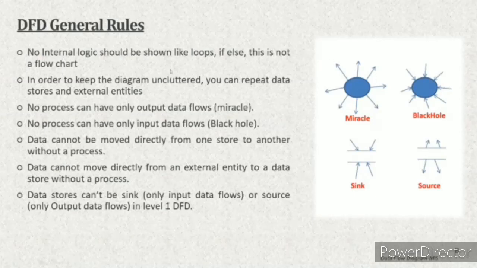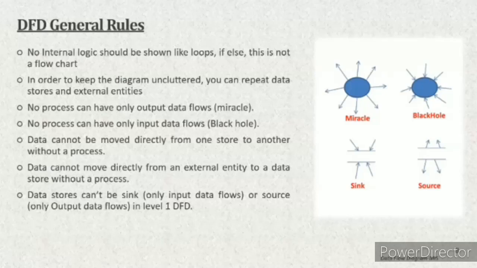The next point is that to keep the data flow diagram uncluttered, you can repeat external entities and data stores. For example, if two entities have the same data flow, say A, then you can use a fork, a junction-like joint, to connect it to the process instead of drawing two separate lines.